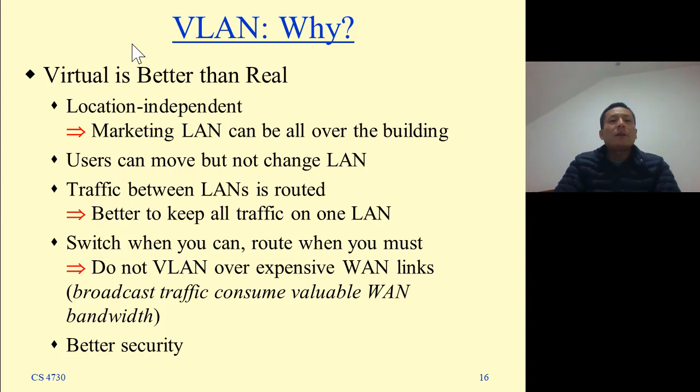The VLAN is a very useful concept because it makes the LAN structure location independent, which means you can physically move to another location, but logically you can belong to somewhere else. For example, the marketing area LAN can span all of the buildings, right?